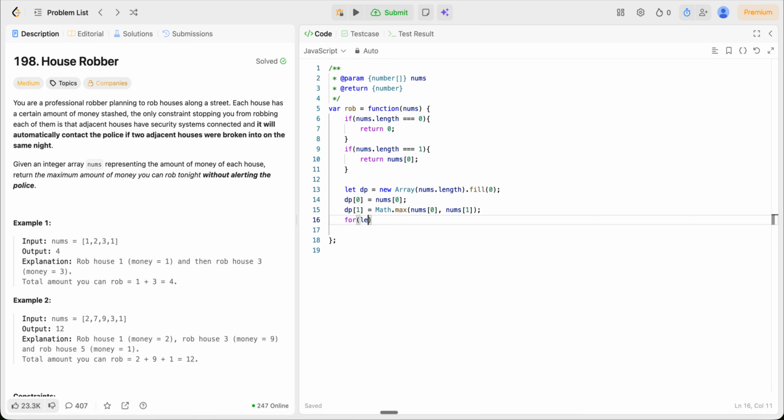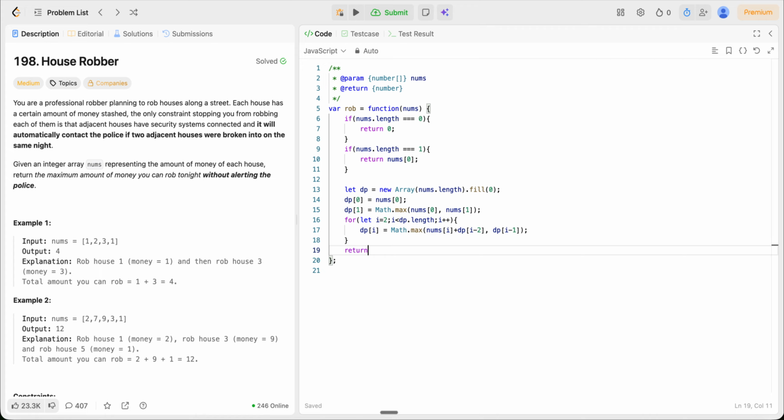And then we will iterate i from 2, i less than dp.length, i plus plus, and dp of i is the max of, if we are taking that element, nums of i plus dp of i minus 2, and dp of i minus 1, if I am not taking that element, I will just take the answer of the previous element.